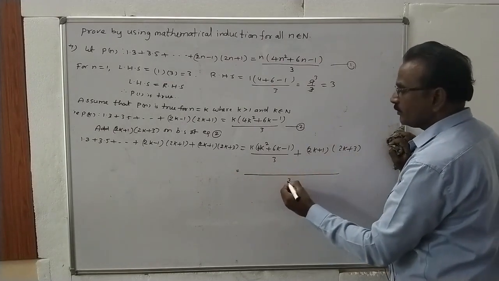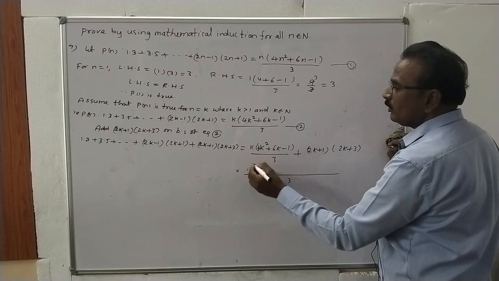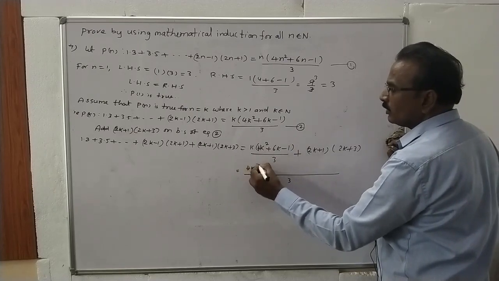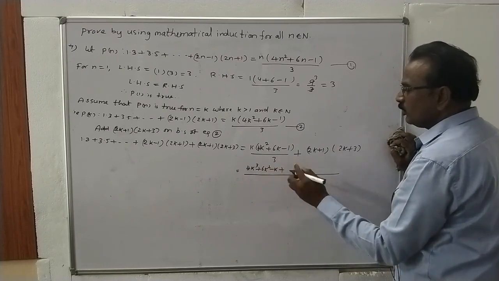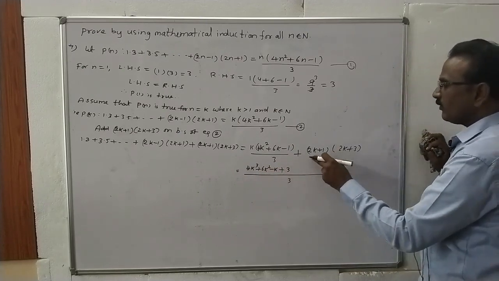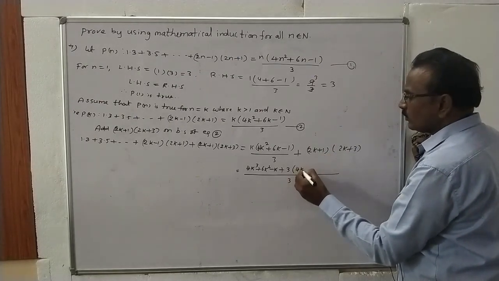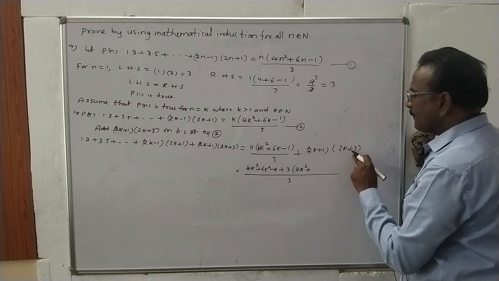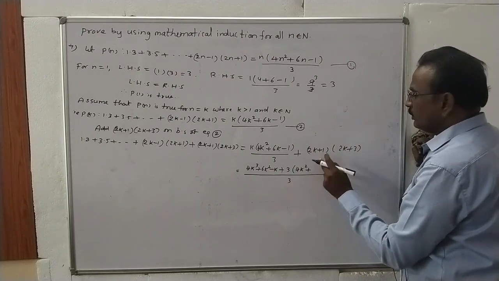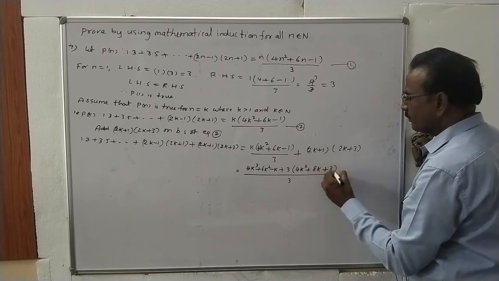3 is the LCM. K into, so just multiply k into 4k square, 4k cube plus 6k square minus k, plus 3 times, multiply these two: 2k into 2k is 4k square, plus 2k into 3 is 6k, plus 1 into 2k is 2k, plus 1 into 3 is 3.